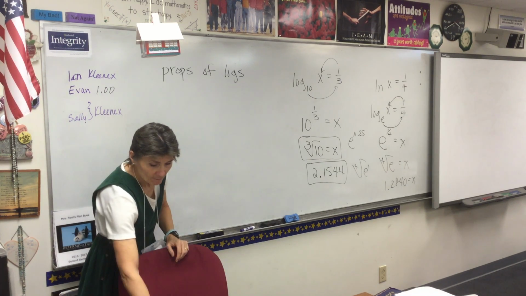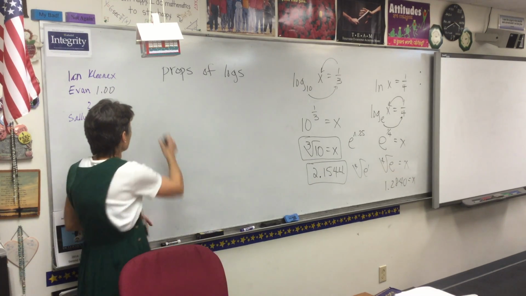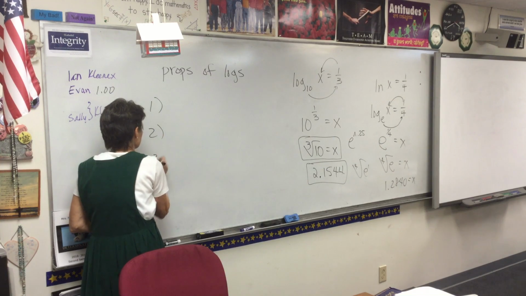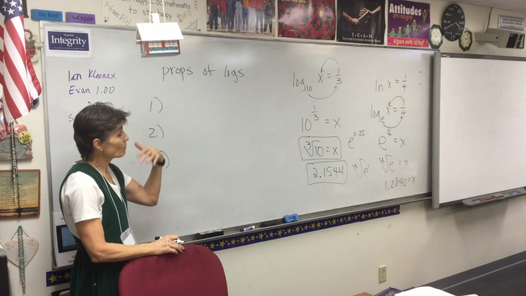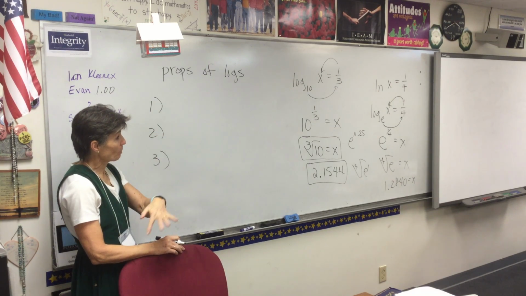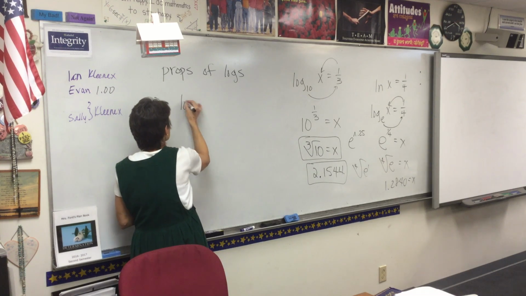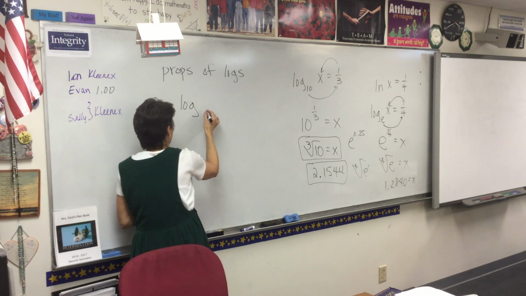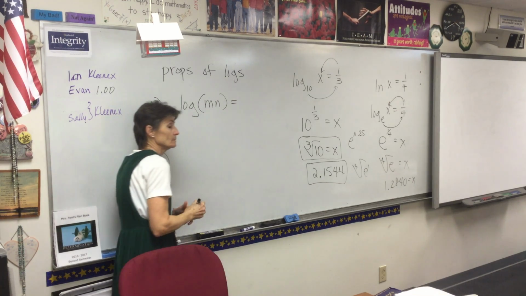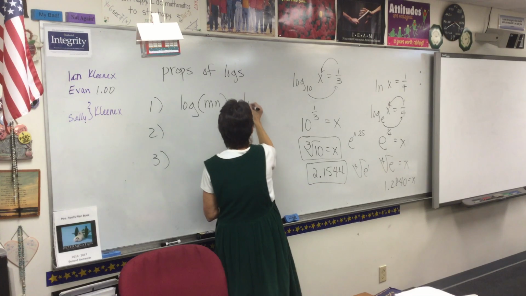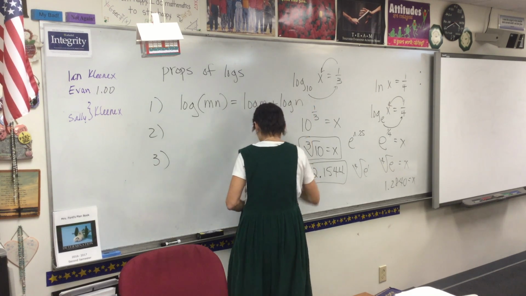So somewhere, maybe along the side here, if you have room, let's make a list of these three very important properties because they're what's going to help us do the rest of these problems. Okay? So one of the properties says that if you have the log of m times n, that will be the log of m plus the log of n.